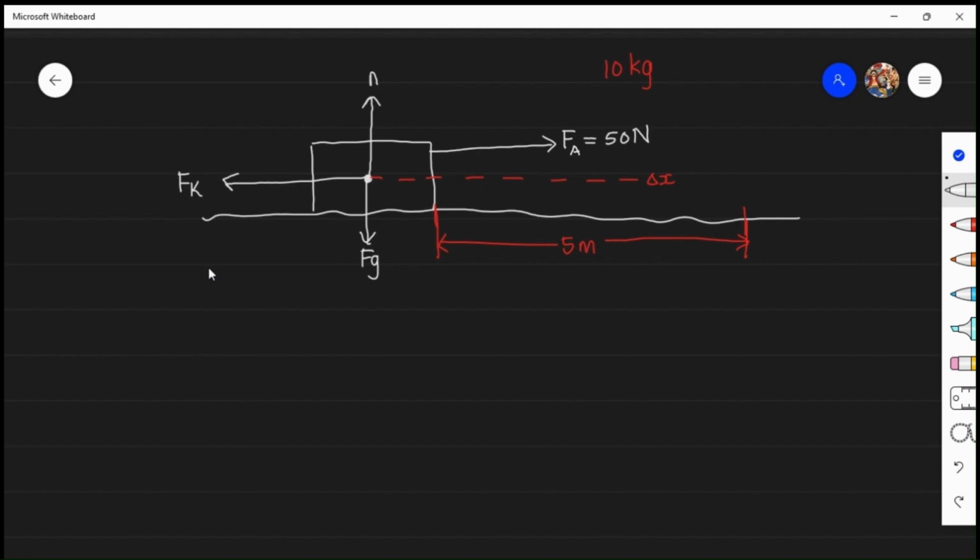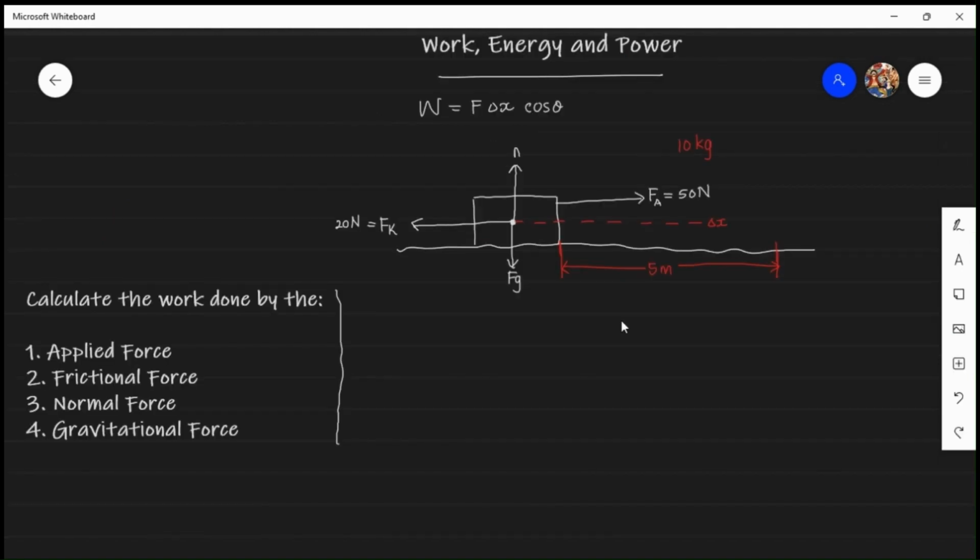Let's give this a frictional force of 20 newtons. So let's start by calculating the work done by each individual force. First we'll start with the work done by applied force, followed by the work done by frictional force, normal force, and finally the work done by gravitational force. So let's have a look at our first one, which is the work done by the applied force.